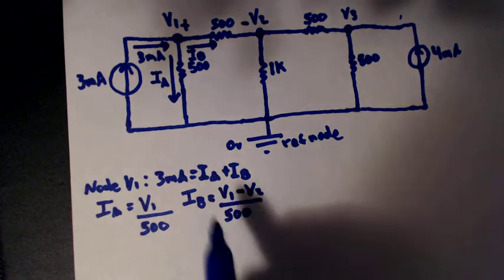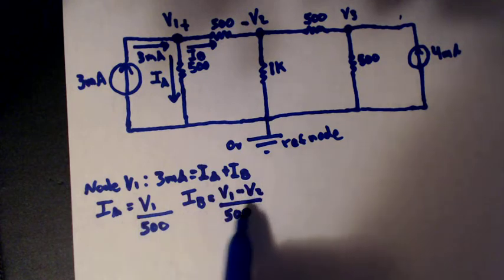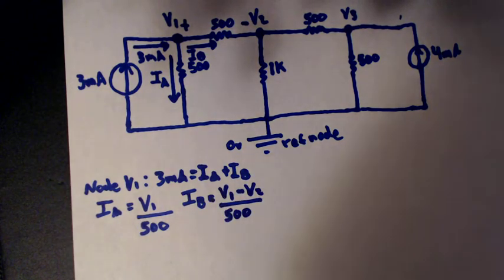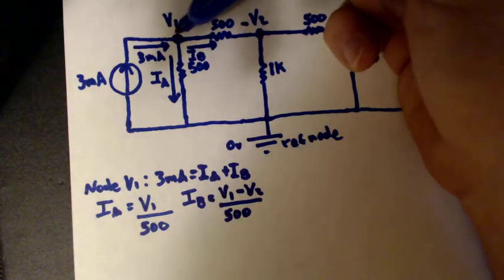Okay, so now we have a KCL expression and we have our two currents defined. So now we can write out our first expression, which defines KCL for this first node.